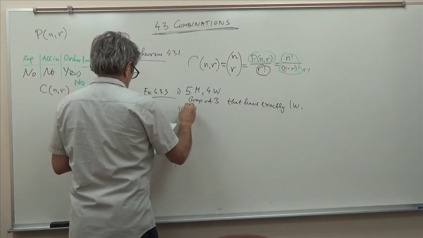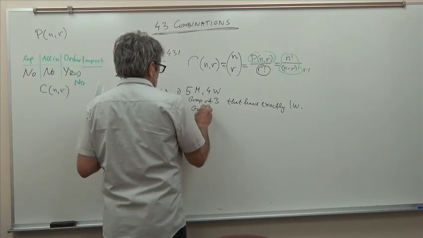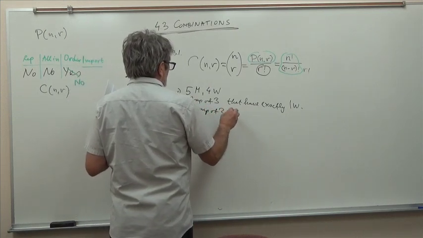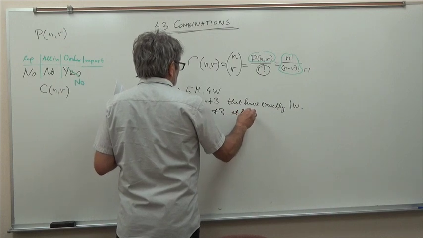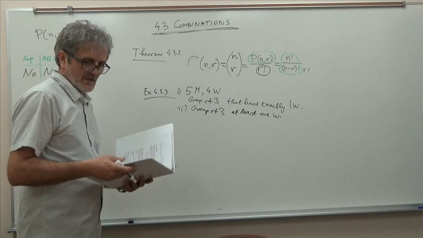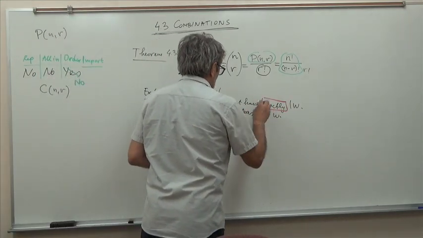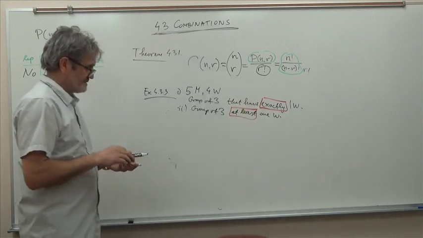And then in part 2, it asks how many teams have a group of 3 with at least 1 woman. So first you need to understand the difference between exactly and at least.